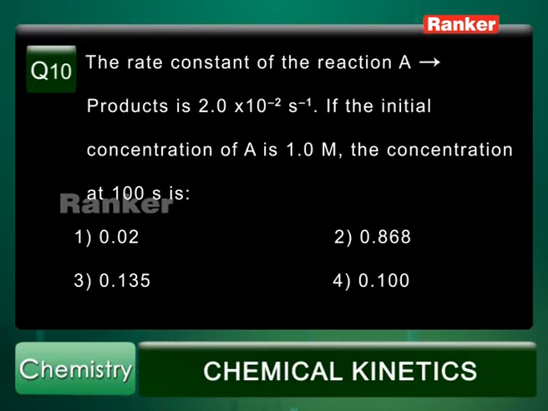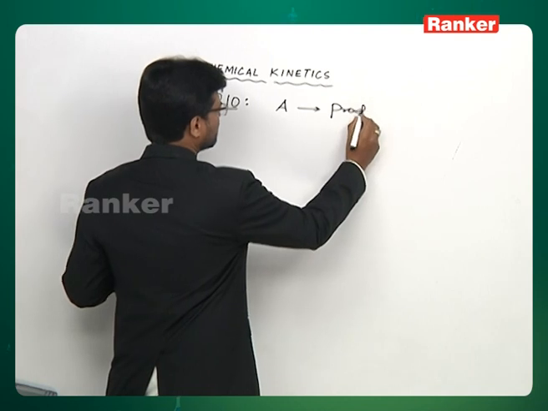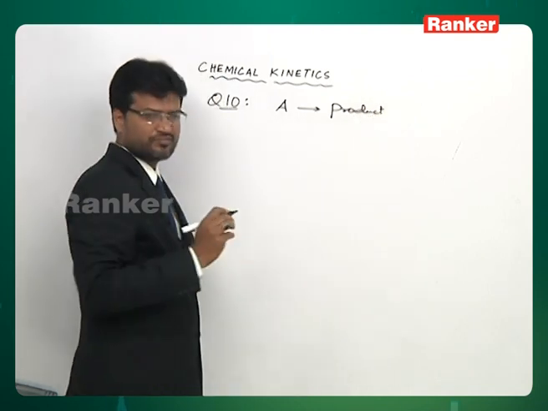Question number 10. The rate constant of a reaction A gives rise to product is 2 into 10 raised to minus 2 per second. If the initial concentration of A is 1, the concentration at 100 seconds is, let us find out. This is a first order reaction. You can decide it on the basis of units of the rate constant. A gives rise to product.